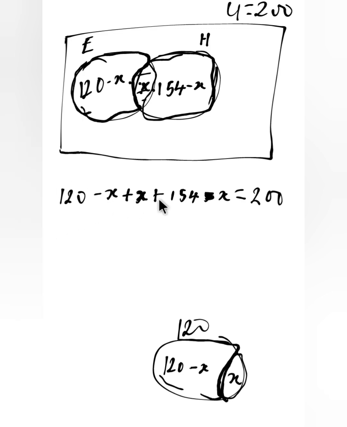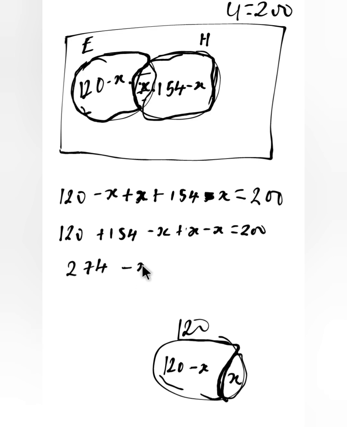So we have our equation: 120 minus X plus X plus 154 minus X is 200. So the next step will be to simplify. Let's take like terms first. 120 plus 154 minus X plus X minus X is equal to 200. Now 120 plus 154 is 274. Minus X plus X is 0, so we're left with 274 minus X is equal to 200.